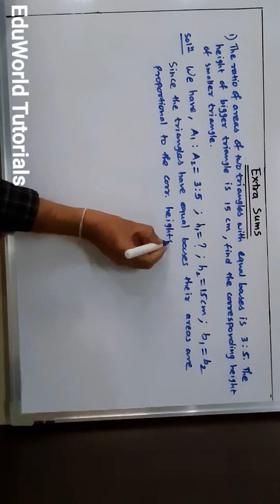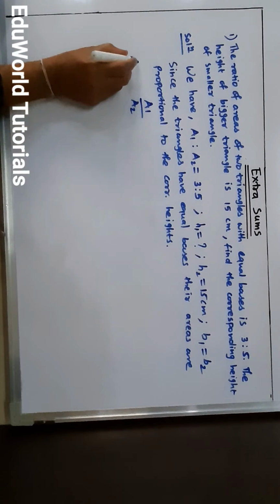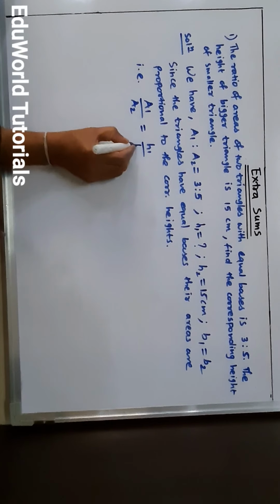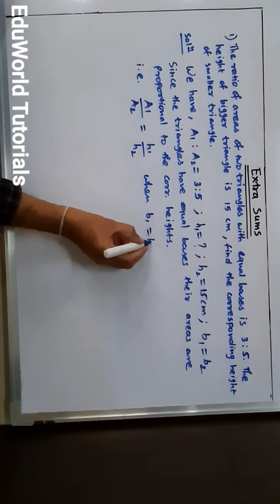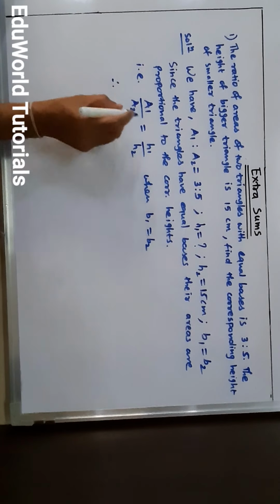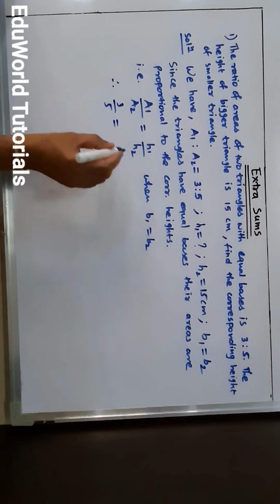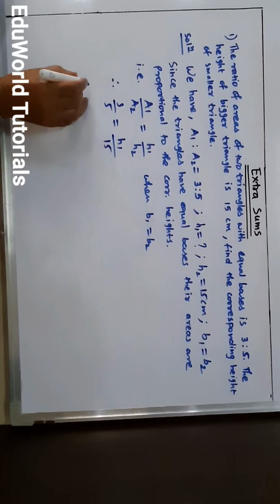That is our property. Which property do we write? A1 upon A2 is equal to H1 upon H2 when B1 is equal to B2. So A1 upon A2, the ratio given, 3/5, is equal to H1, which we have to find, upon H2, which is 15. So how will you write?